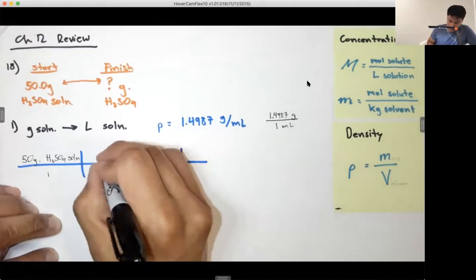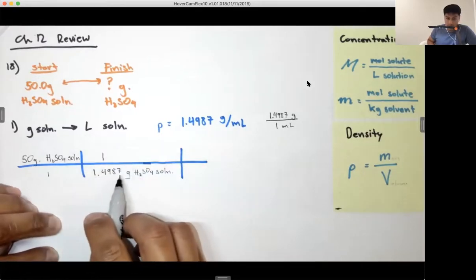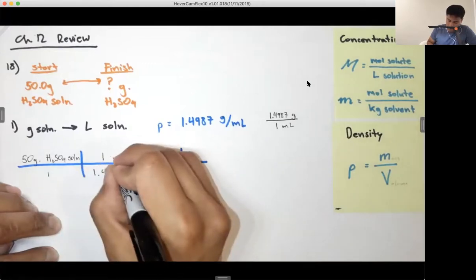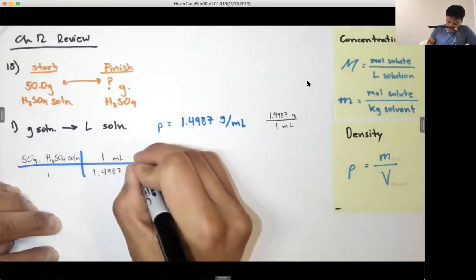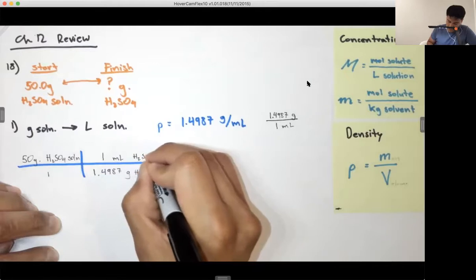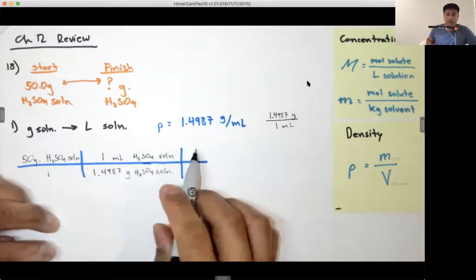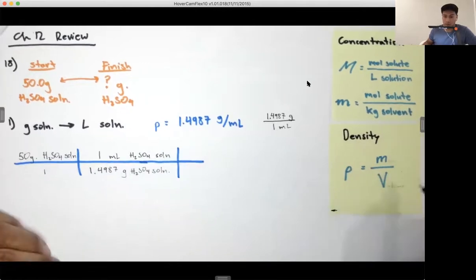This 1.4987 grams of H2SO4 solution is dissolved in 1 milliliter of H2SO4 solution. Density is just mass over volume.